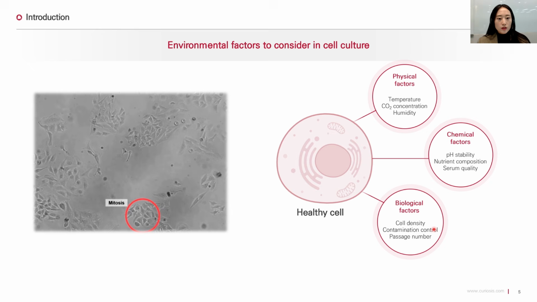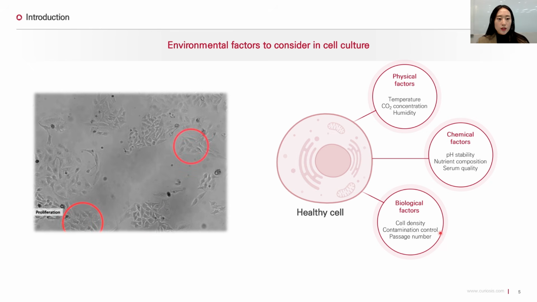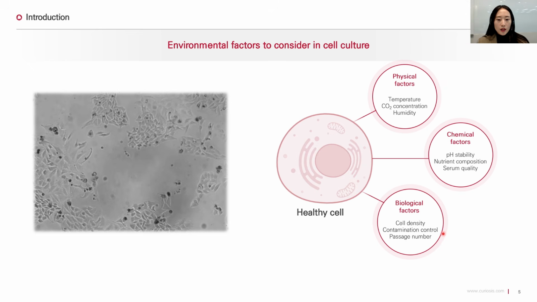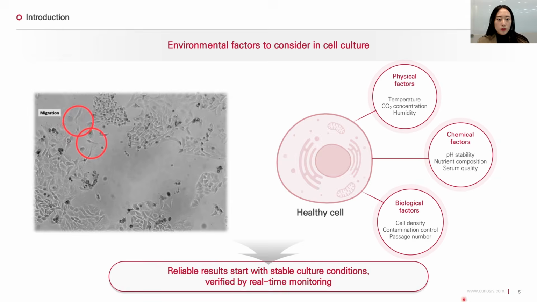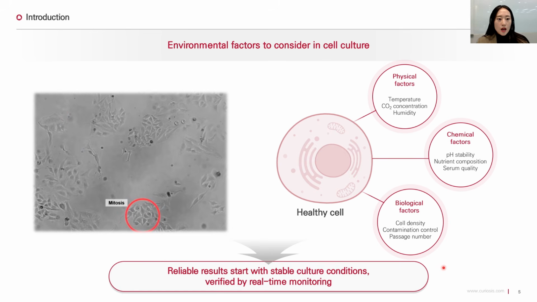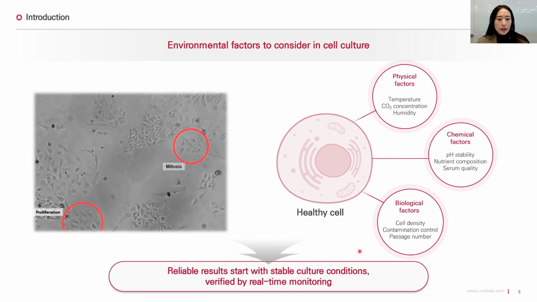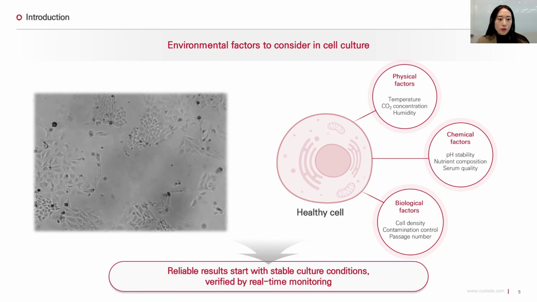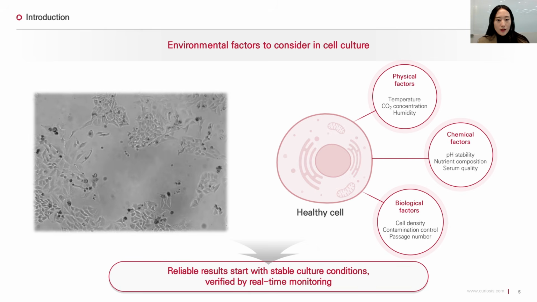And biological factors, cell density, passage number, and contamination control are just as critical. So reproducibility starts with consistency in all of this, and the best way to maintain that is through real-time monitoring, which is exactly where live cell imaging comes in.